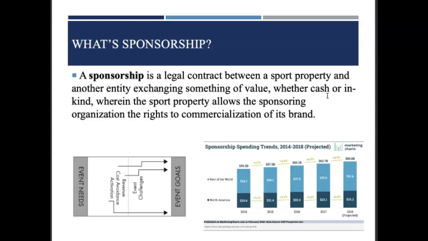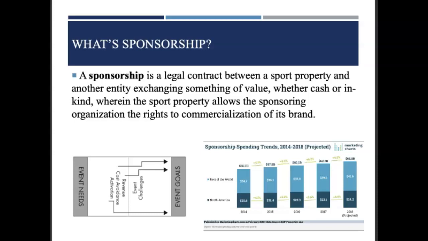Or for instance, a media partner, so they don't give you any money, but they're able to send out a crew to film these entire events, to make a program and broadcast on their platform. So those services they provide, we also consider a very important thing that you'll be able to exchange. So this is about sponsorships.